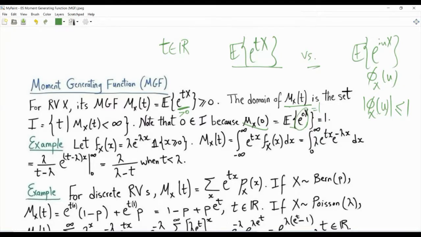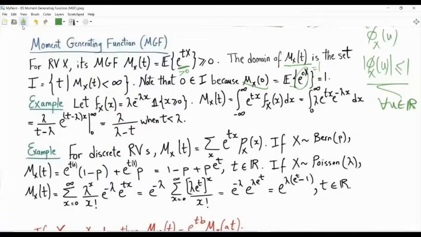But the characteristic function has the property that its magnitude is less than or equal to 1 for every u in R. For the moment generating function, again, sometimes the domain is just the singleton containing 0.